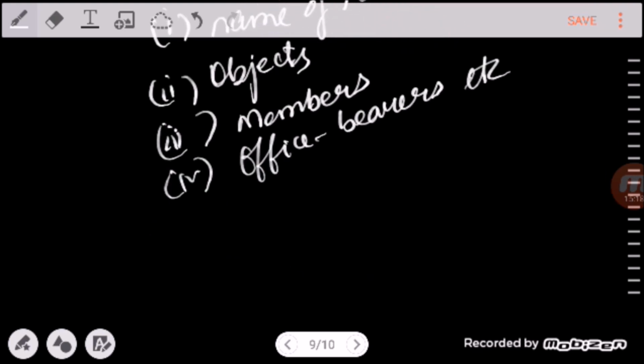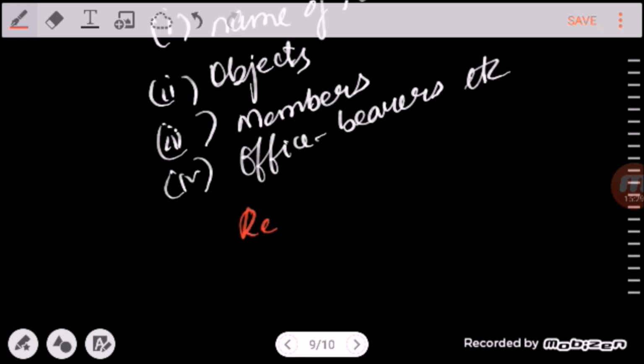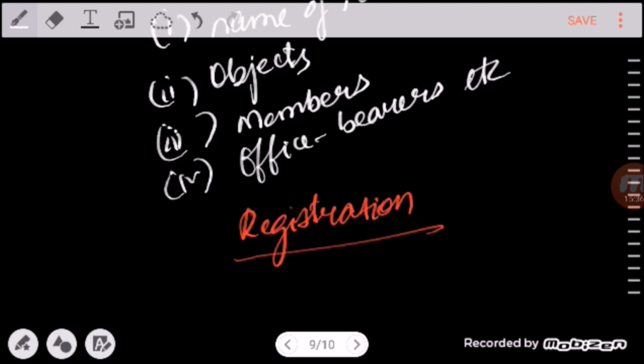Now we'll discuss the registration. The registrar, on being satisfied that the trade union has complied with all the requirements of this act in regard to registration, shall register the trade union by entering it in a register.